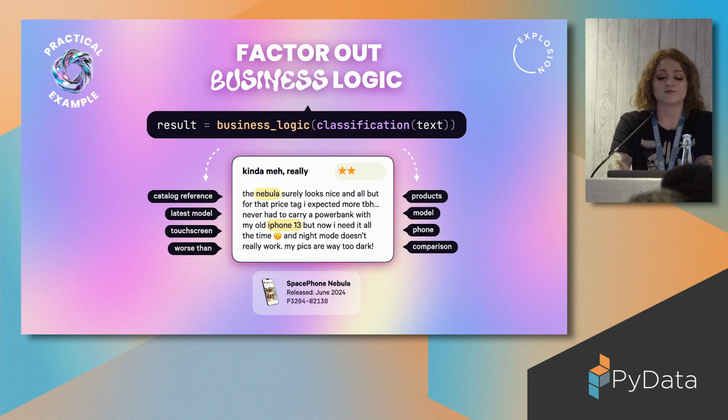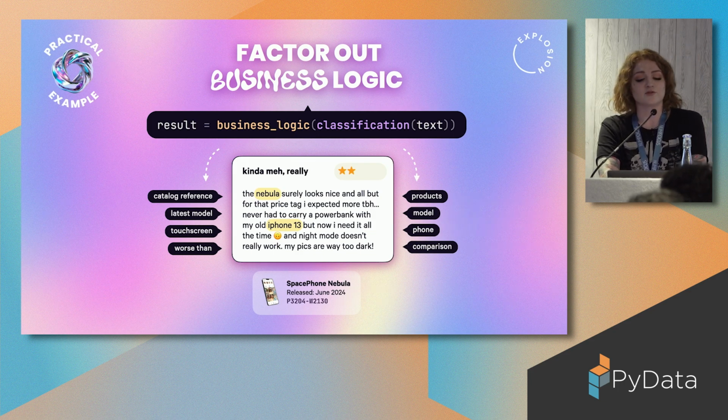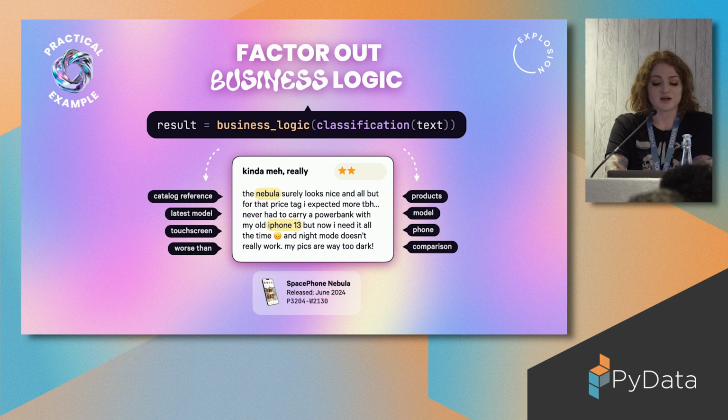On the other hand, you have stuff that's really specific to your task and your business. So you have the reference to the catalog. That's entirely specific to your use case, whether it's the latest model. Yes, you can probably collect a lot of data and try to teach your system that the Nebula space phone is the latest space phone.